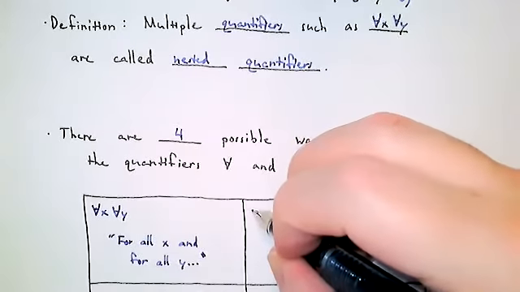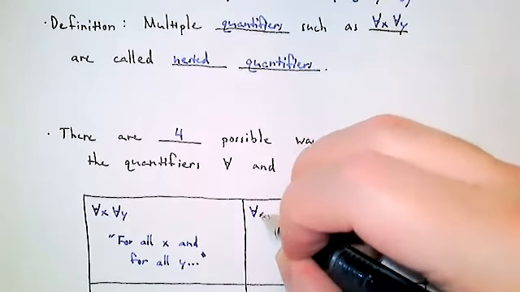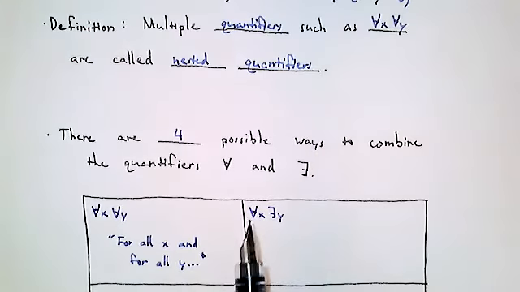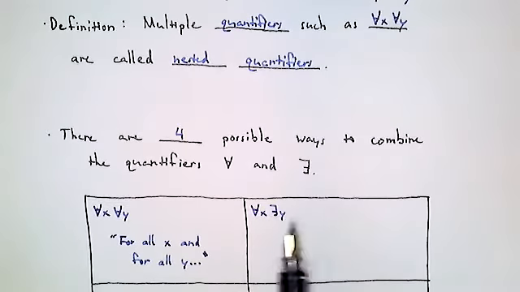We can also have one universal quantifier and one existential quantifier. So this one would be for every x, there exists a y.